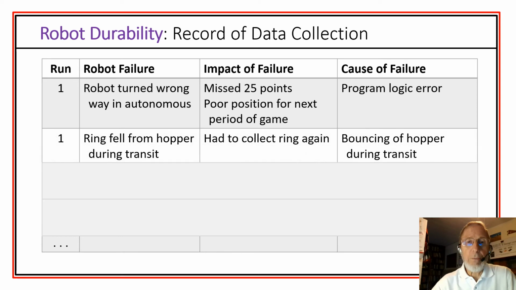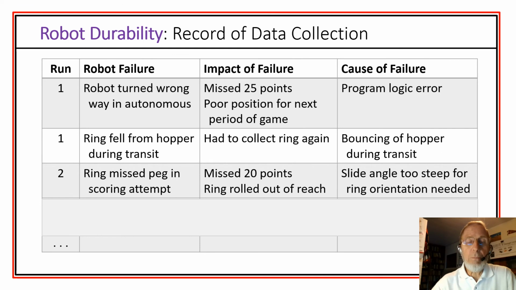Let's look further. Oh, another failure occurred in the same run. The ring fell from the hopper during transit. So the ring had been collected as the robot moved across the field. The hopper was bouncing, and that caused the ring to fall out. The impact was that the driver had to go back and collect the ring again, so it's a loss of time.